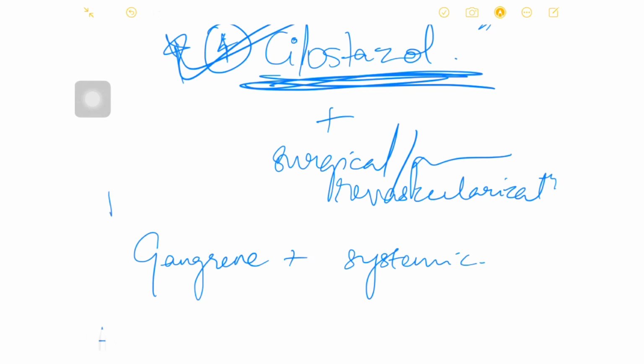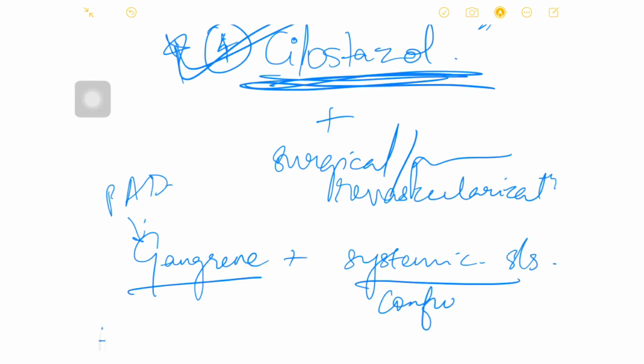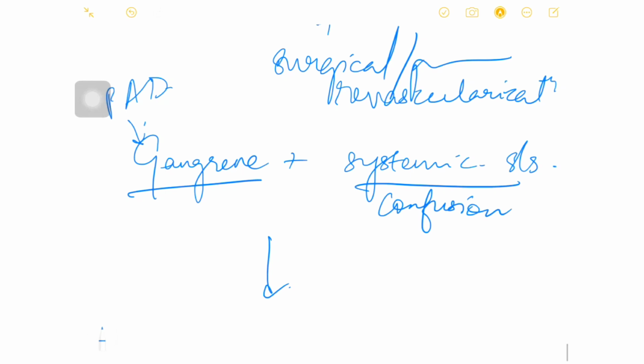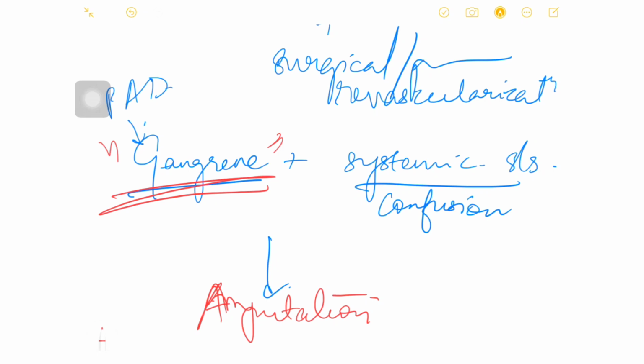The cause is PAD, that is established in the question. Because of that, there is gangrene and there are systemic signs and symptoms of confusion, basically severe sepsis. What is the next step of management? Amputation. Super. So the only case where you directly go for amputation without trying any medication is gangrene, because now this stage is irreversible and the infection is just going to spread further. Clear?